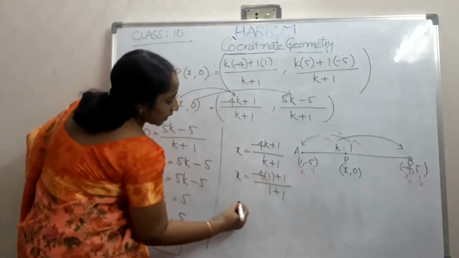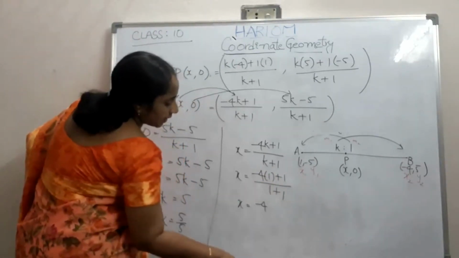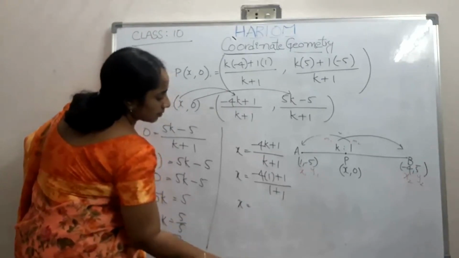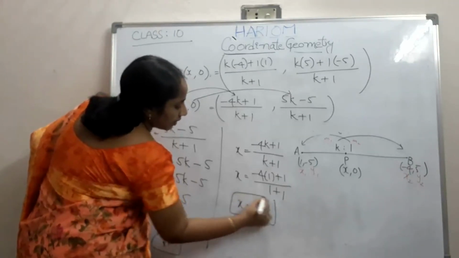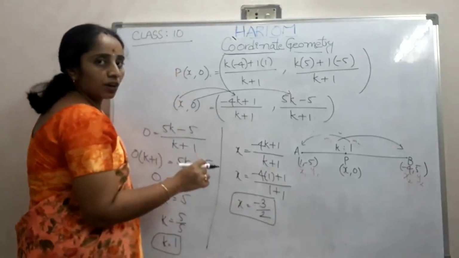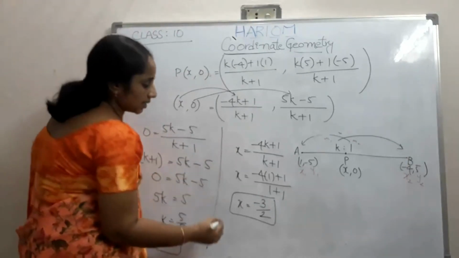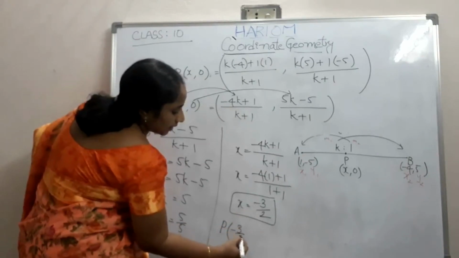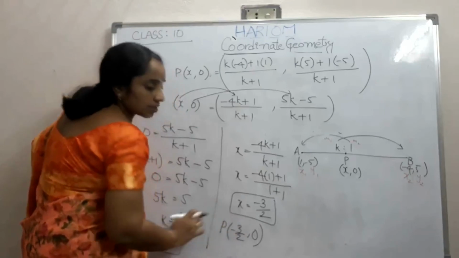Minus 4 plus 1, it is minus 3 by 2. So, our required point of division is x comma y, that is minus 3 by 2 comma 0.